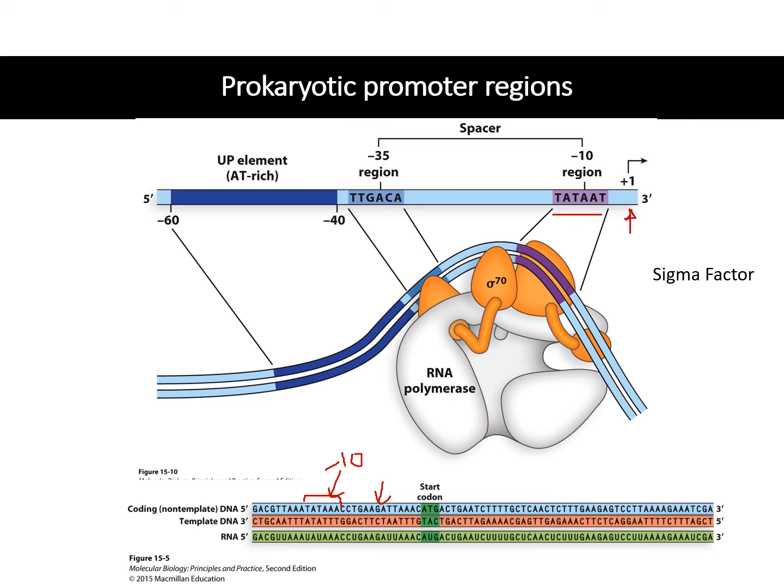And then farther upstream from there is another region. It's called the -35 region, and that is cropped off of this one. And then even farther upstream from there, there's a proximal promoter element that is a region that tends to be AT rich, which helps with local melting and destabilization of the DNA structure.